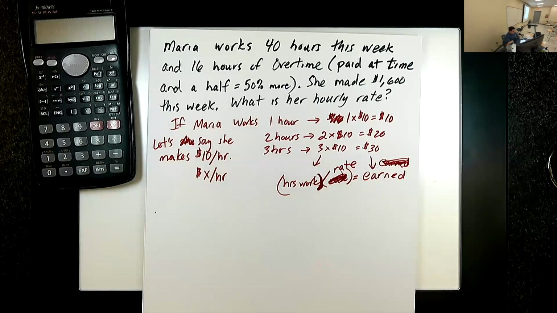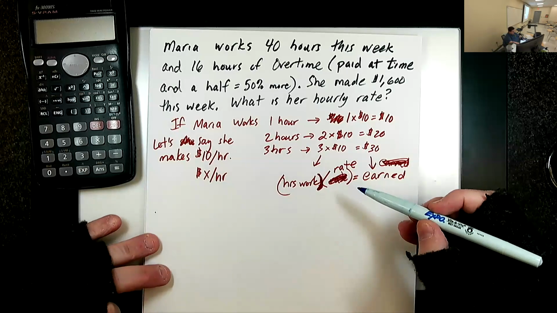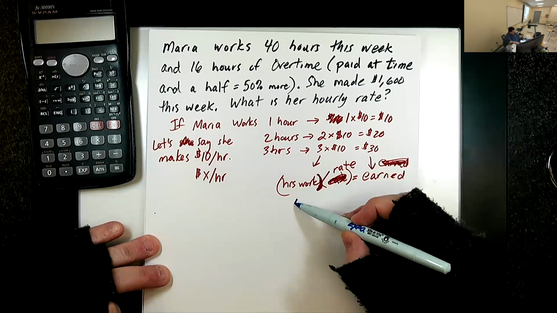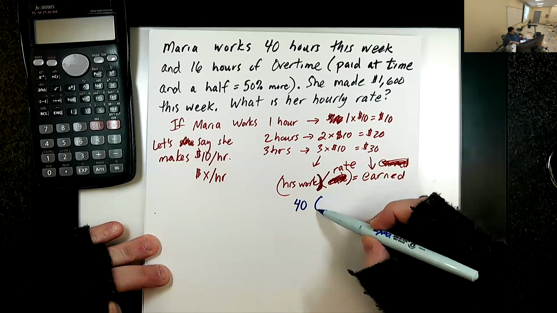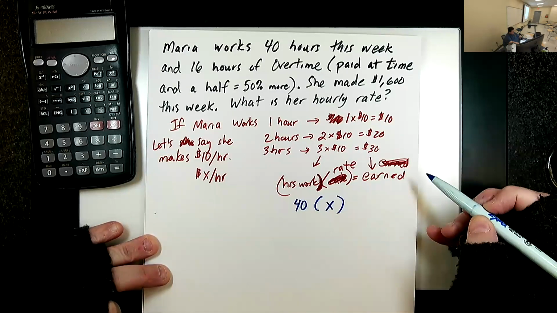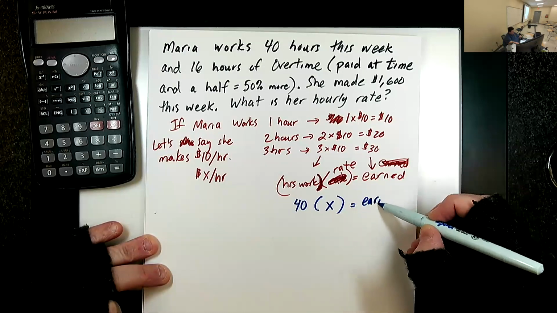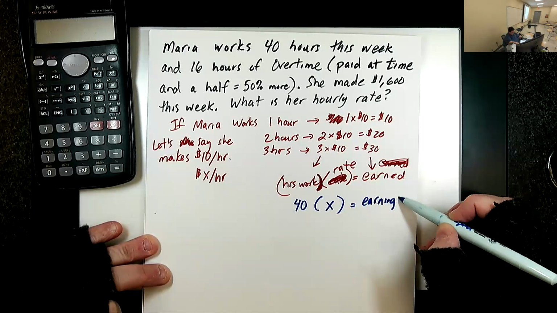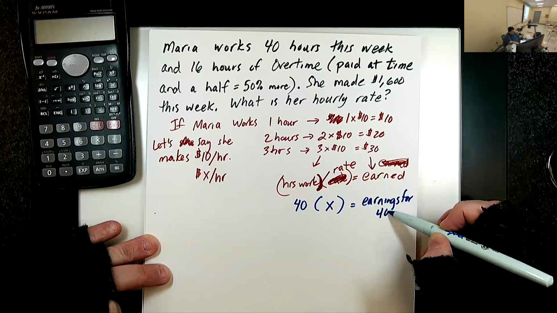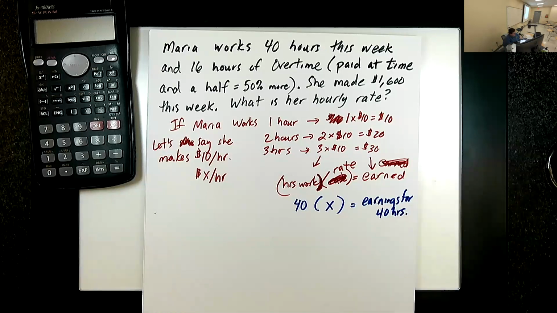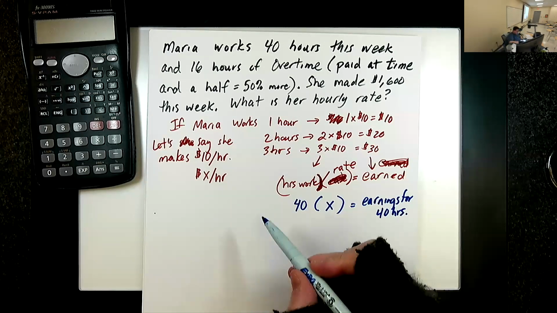So if I convert the 40 hours a week, 40 hours a week at some unknown rate X, that's her earnings for that part. Earnings for the 40 hours. That's the regular pay.